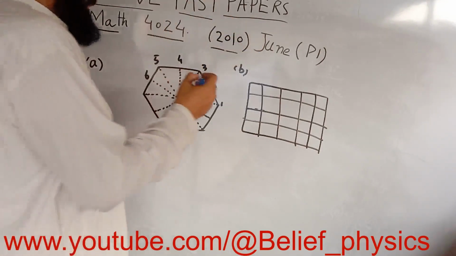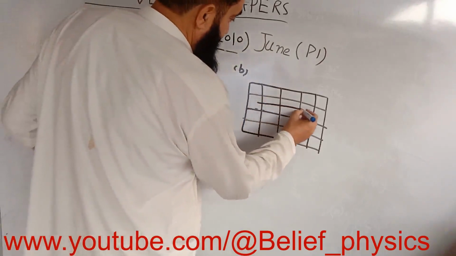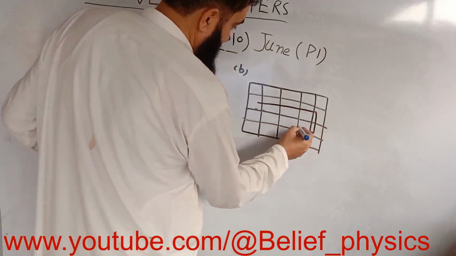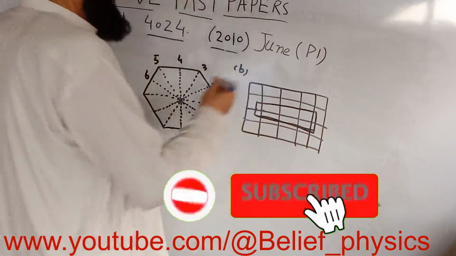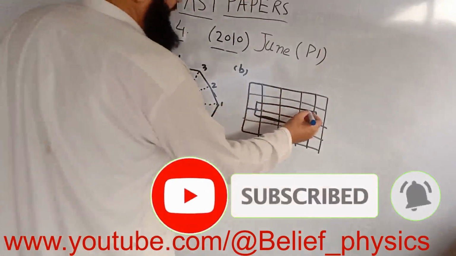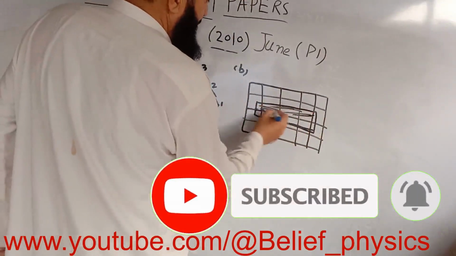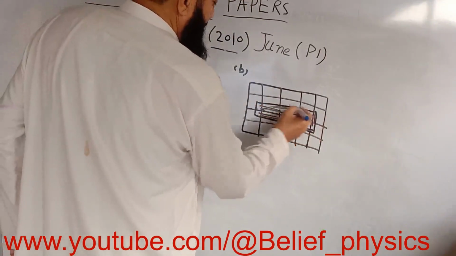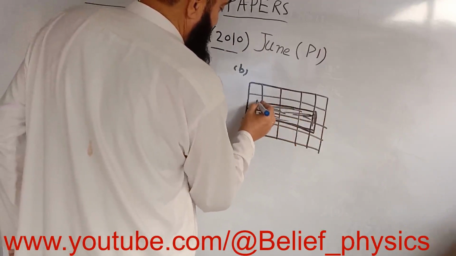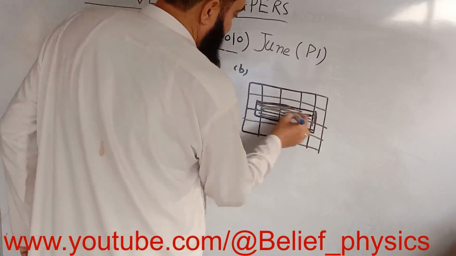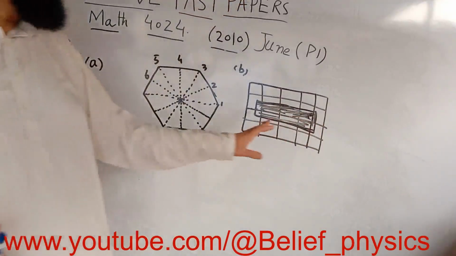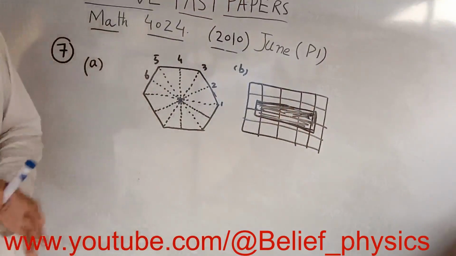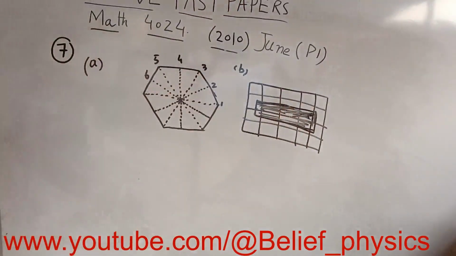So if I draw a rectangle here, a rectangle has rotational symmetry of order 2. This is a rectangle. If my drawing is not good, any rectangle we can draw. A rectangle will have a rotational symmetry of order 2. Similarly, a square will have a rotational symmetry of order 4, and so on.